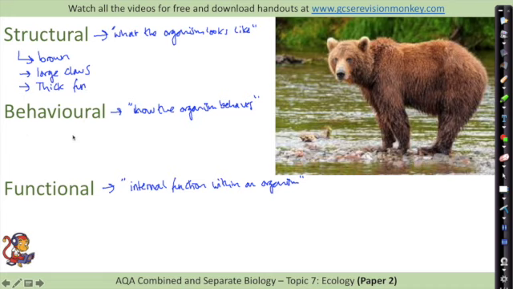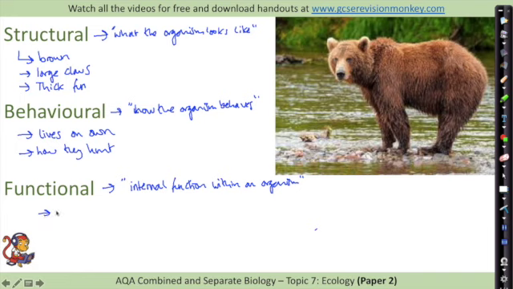Behavioural is how it behaves. So, for example, you could be looking at whether it lives in groups or solitary. So it lives on its own, it lives solitary. That's to do with its behaviour. It could be to do with how they hunt, how far they travel within a day, anything like that. And functional is anything to do with the internal features of an animal.